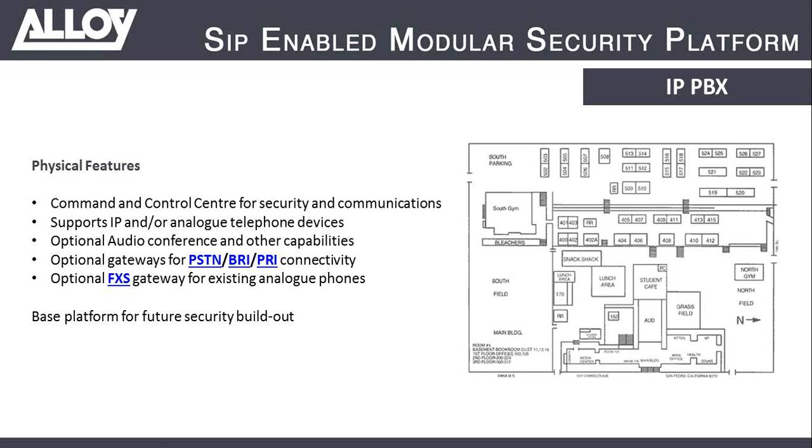Now, of course, as you know, we have a range of PBXs, software and hardware based. We support SIP trunking, PSTN, BRI, PRI as connectivity options. Of course, 4G gateways are available in the marketplace if you need to add them as a communication option to any of our PBXs.